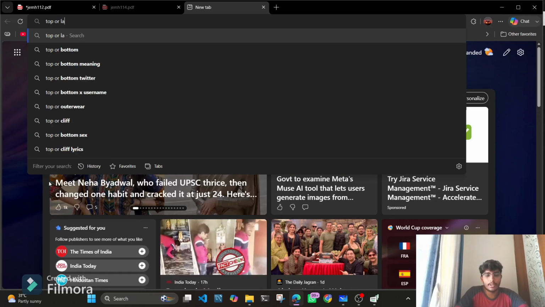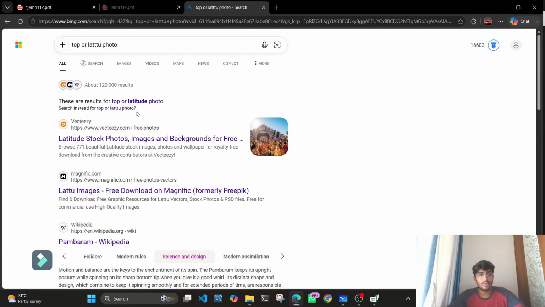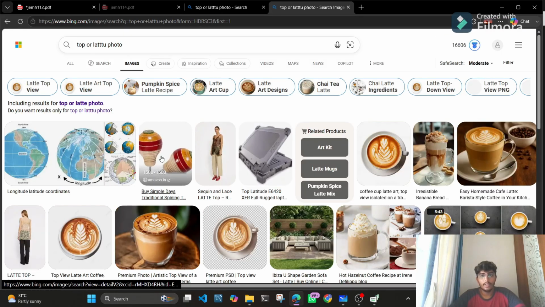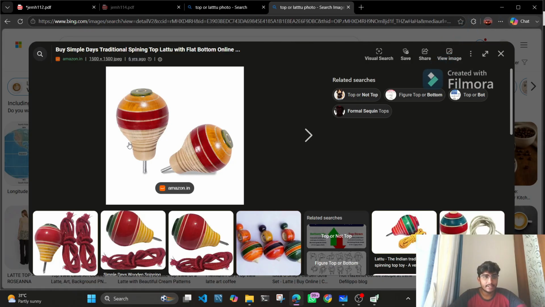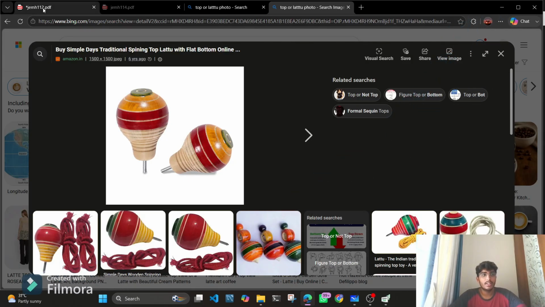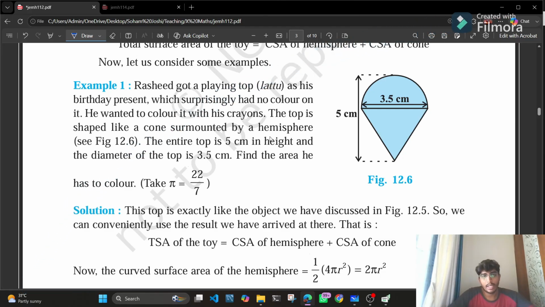Just to visualize the figure, this is a top. Typically we can consider it as this figure, a conical figure at the bottom and a hemispherical figure at the top.